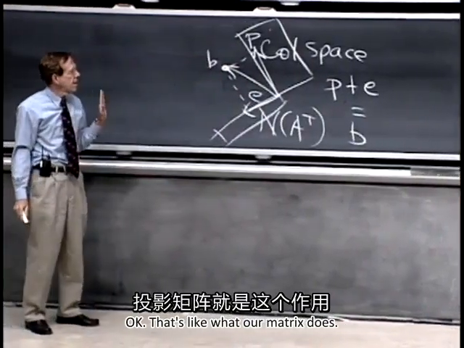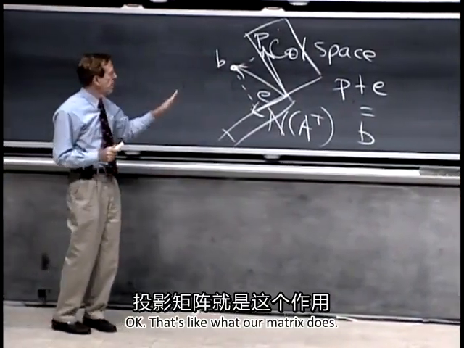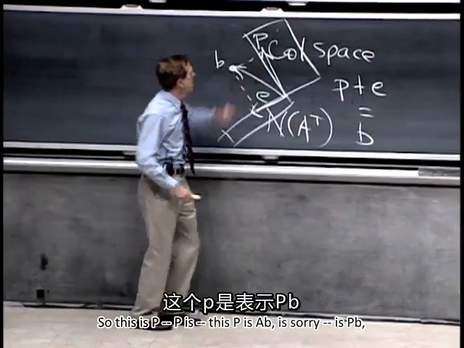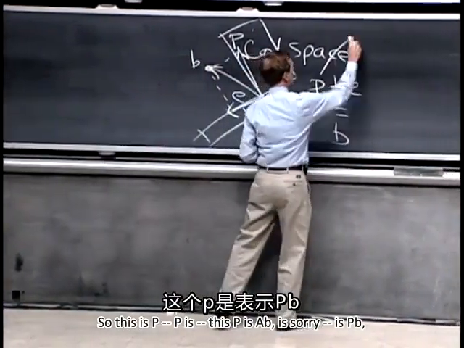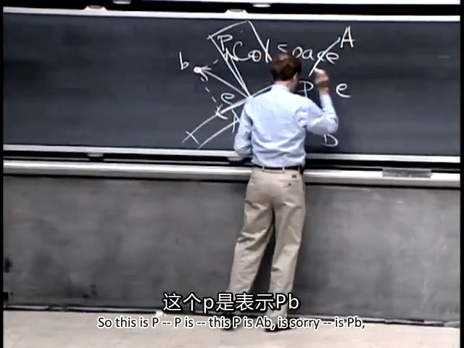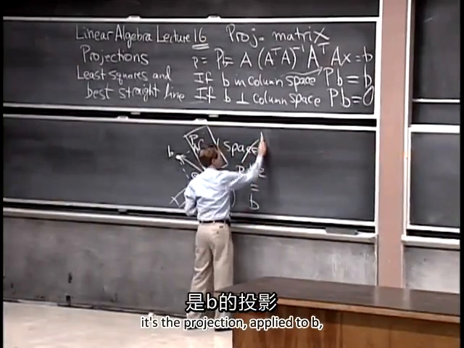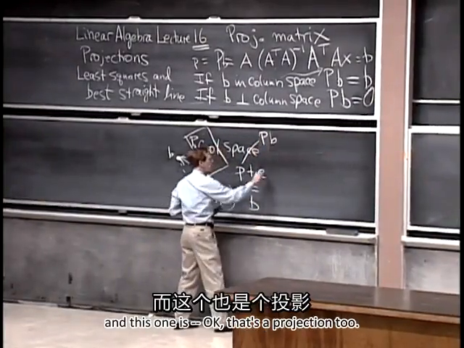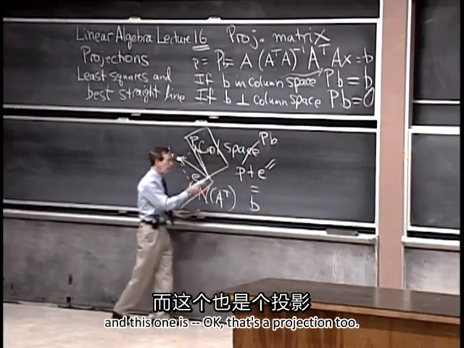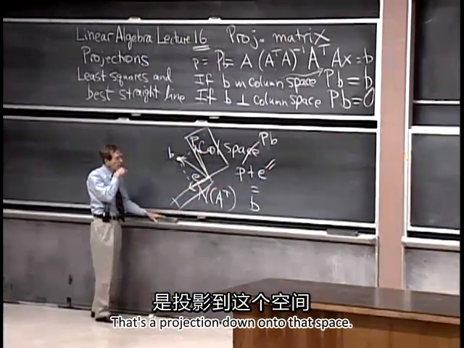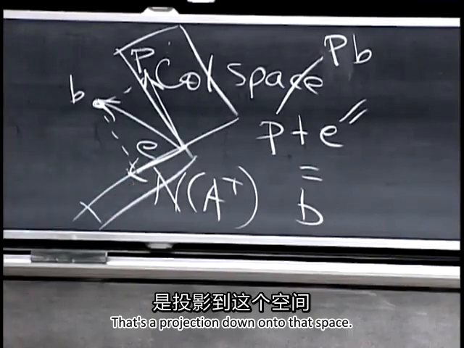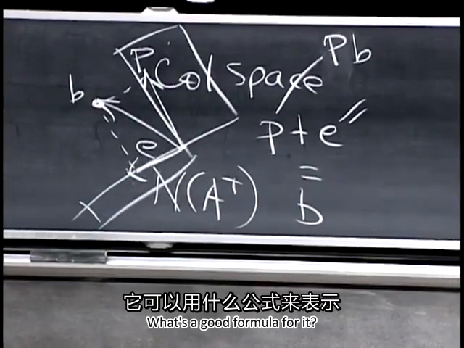Okay, that's like what our matrix does. So P is AB, is PB. It's the projection applied to B. And this one is, okay, that's a projection too. That's a projection down onto that space. What's a good formula for it?